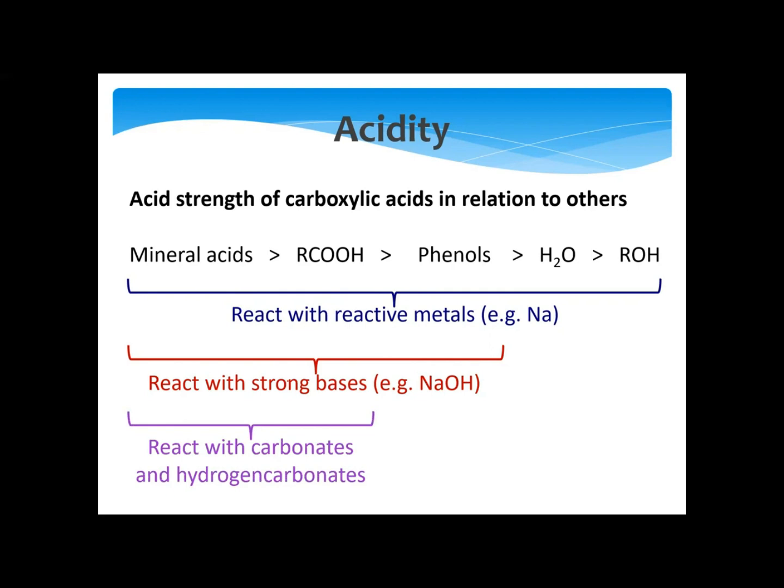And carboxylic acid and mineral acids will react with carbonates and hydrogen carbonates. Phenol and alcohols will not. Don't worry, we will talk about these reactions later on, or in the next lecture. So just bear this in mind first. The acid strength will also affect their reaction with metals, NaOH, and carbonates.